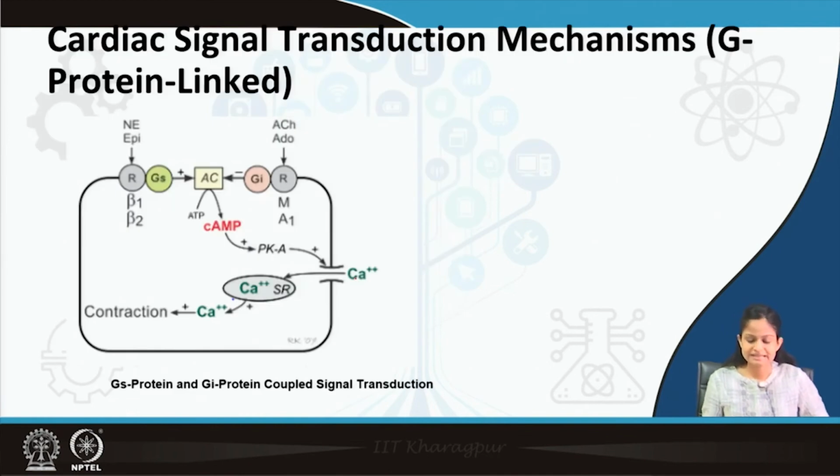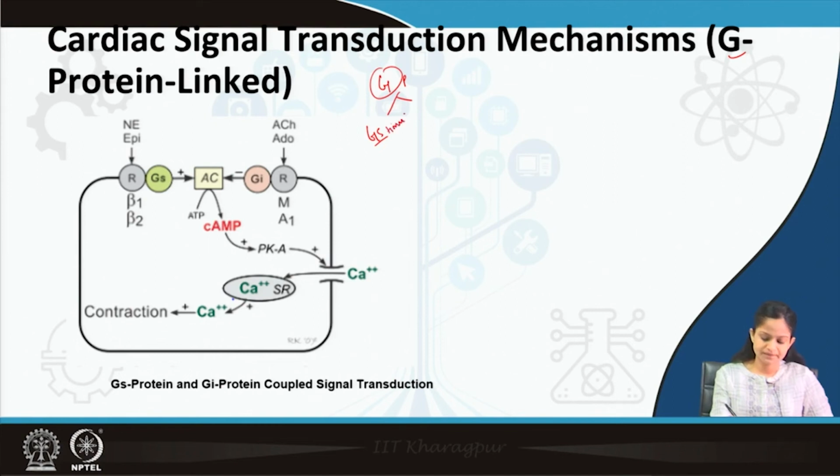Now, what is the cardiac signal transduction mechanism? The cardiac signal transduction mechanism is usually linked with G protein. G protein can be a G stimulatory protein or a G inhibitory protein. Whatever actions the G stimulatory protein has, the G inhibitory protein will have the opposite role.